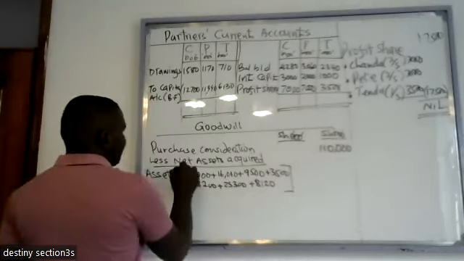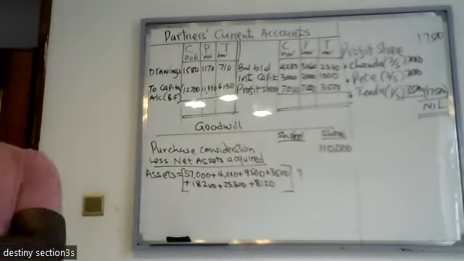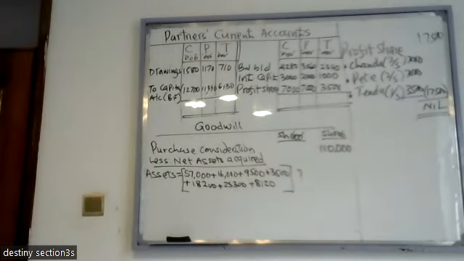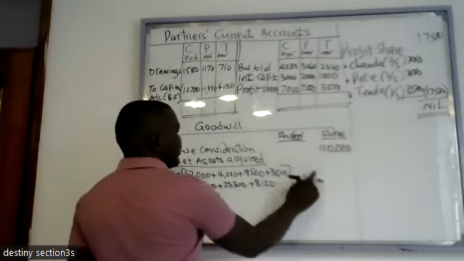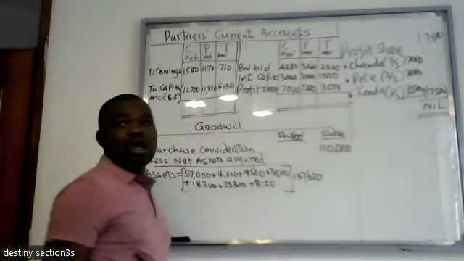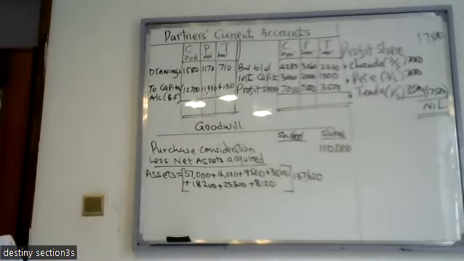So can you give me the total value for the assets first? Add all of them. 137,620. I confirm.